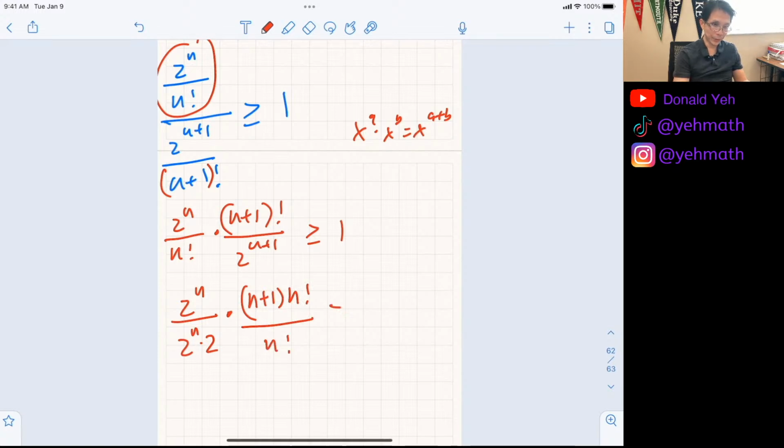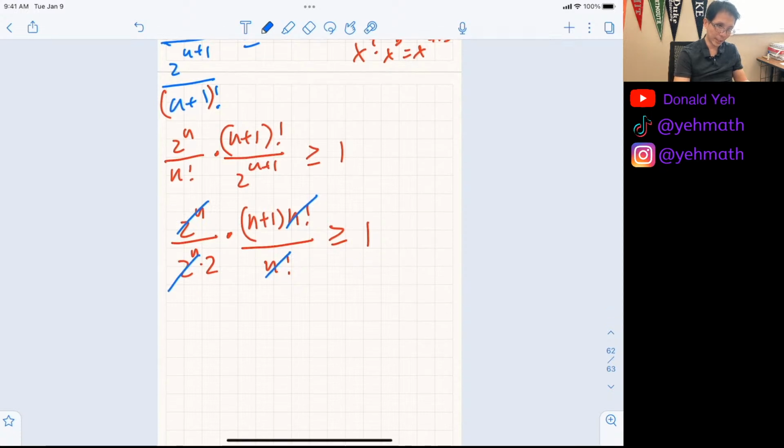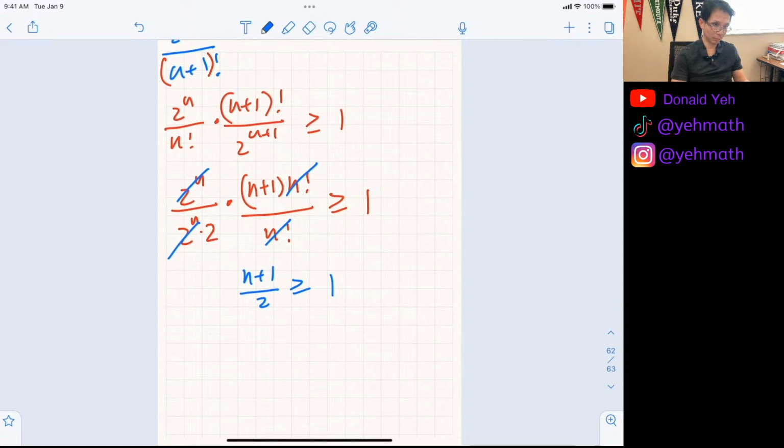Yes. So that's greater than 1. So nice thing is this. Beautiful. It's n plus 1 over 2 is always greater than 1. Is this true? Yes. True.